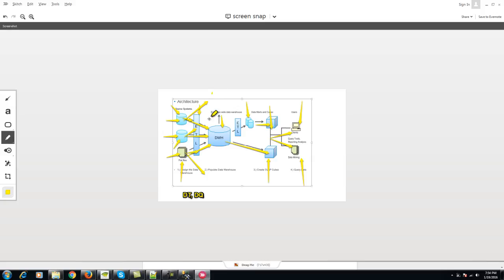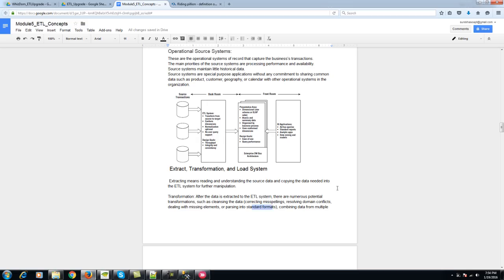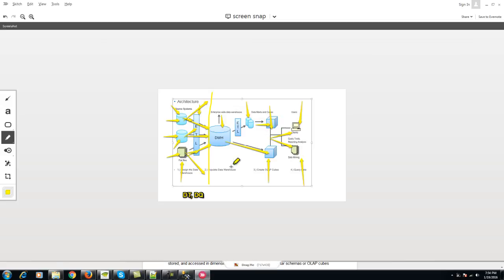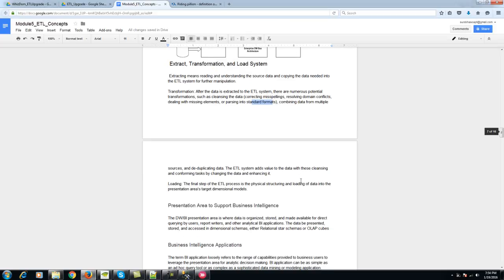So you have to understand the different master data coming from different sources, and that they are the same. Finally, the loading happens: once you clean the data, you load it into the data warehouse.